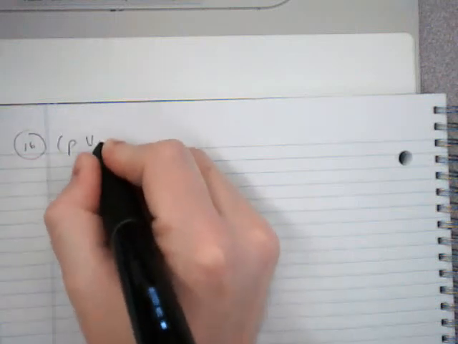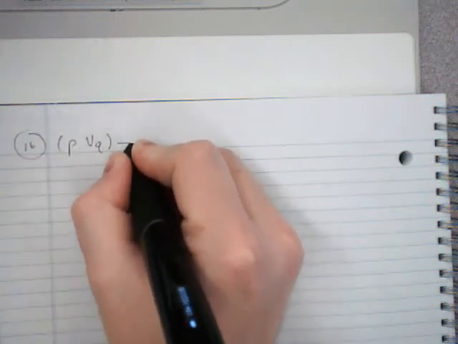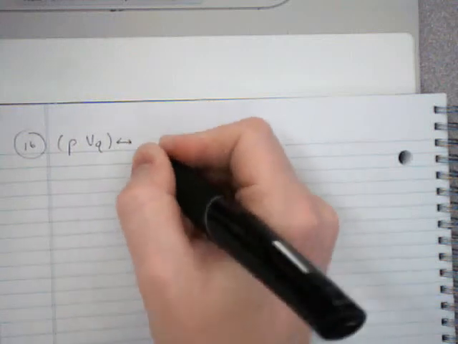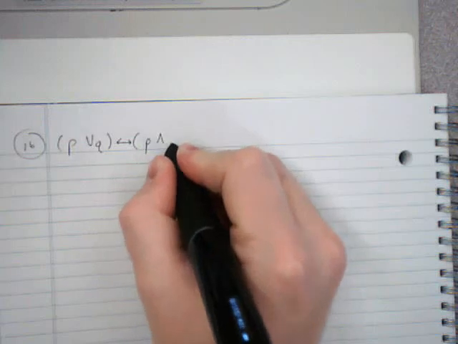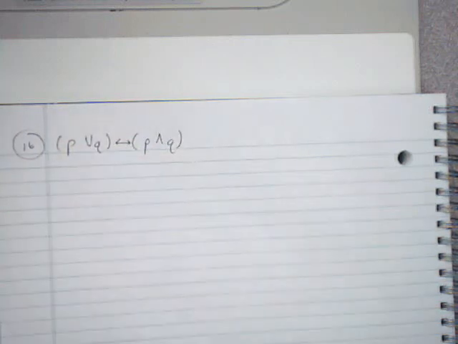Okay, so let's do one, well, I guess we can do 16 here. Might as well. For practice, I'll do the odd ones, and that way you'll have the answers in the back of the book.